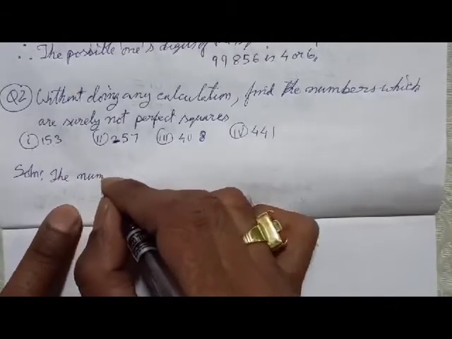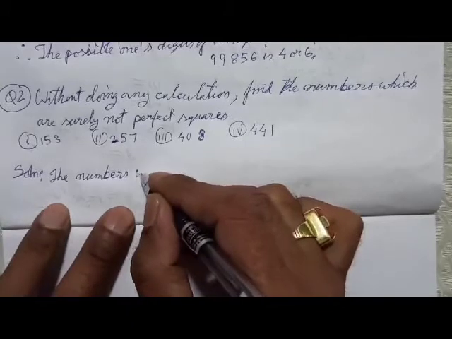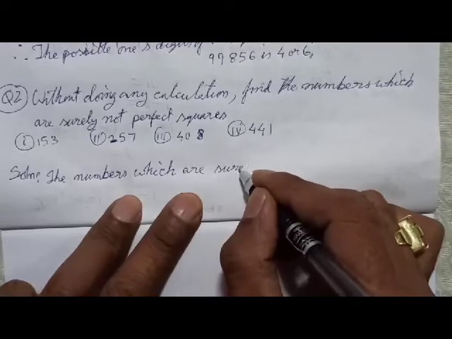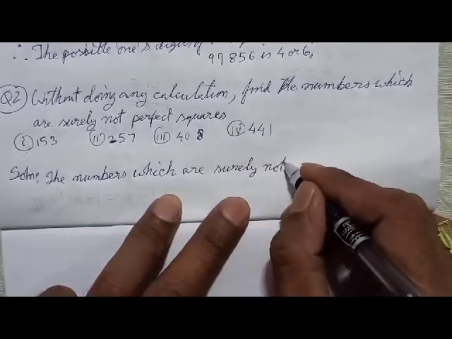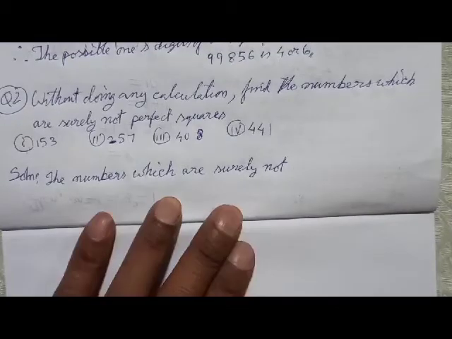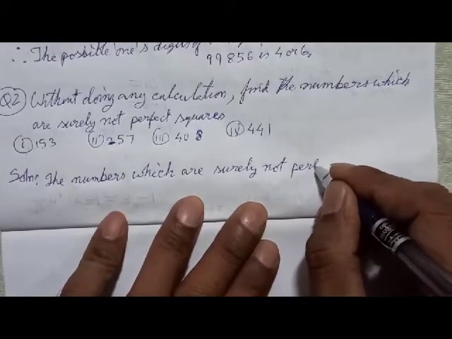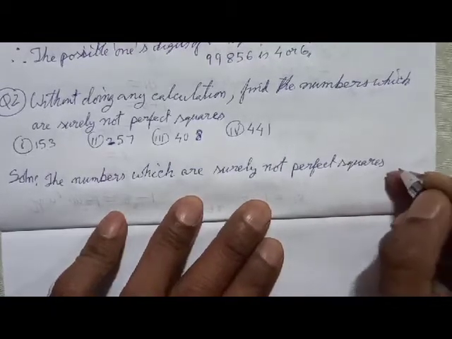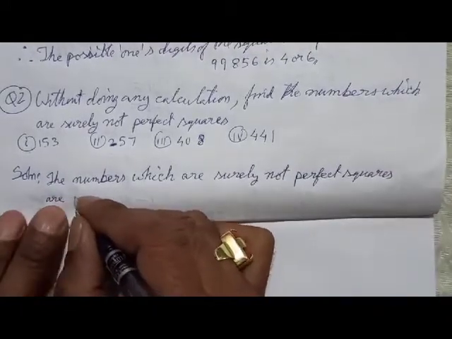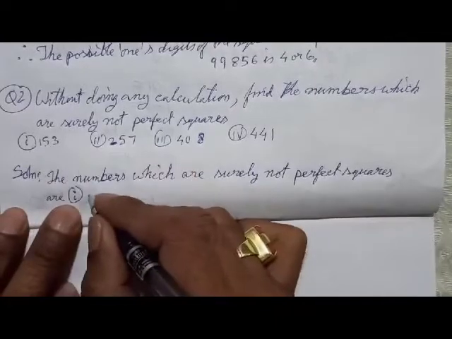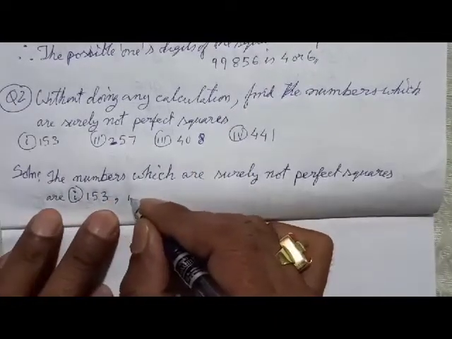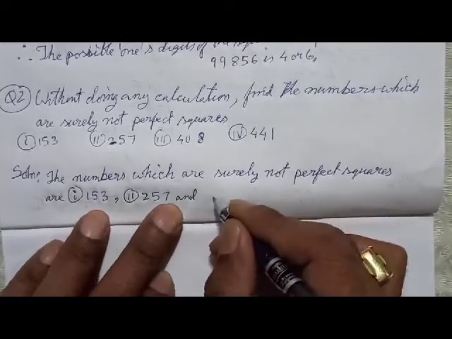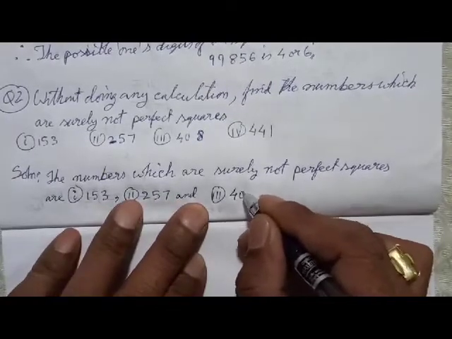The numbers which are surely not perfect squares are Roman number 1, this 153, Roman number 2, 257, and Roman number 3, 408.